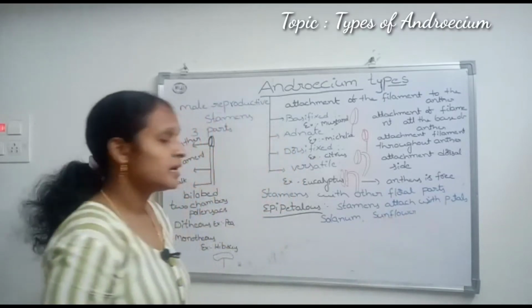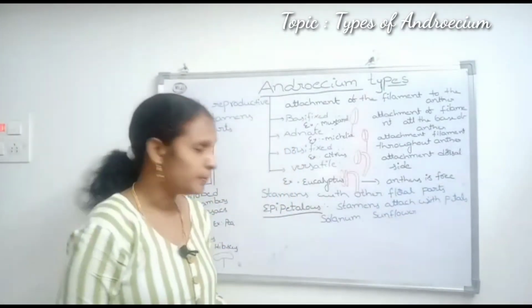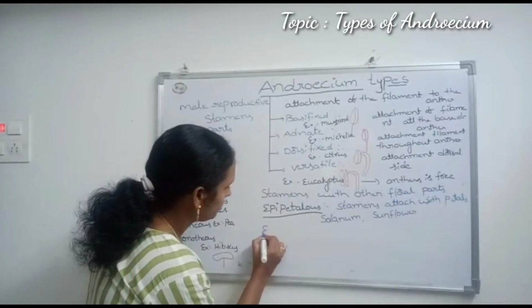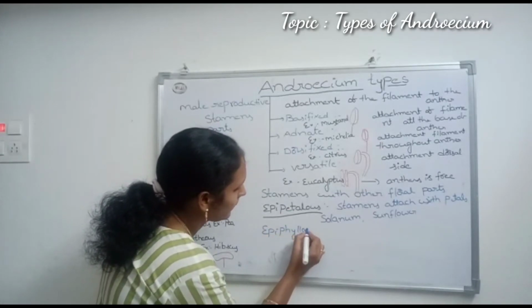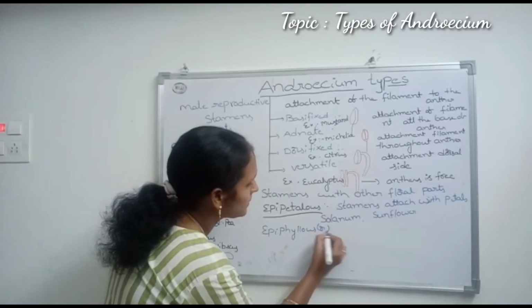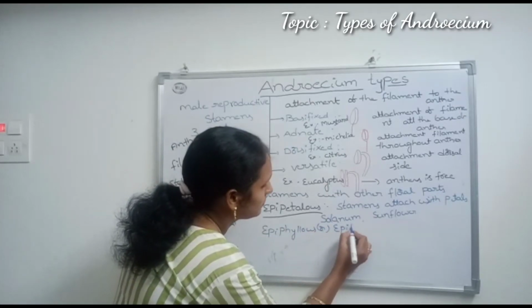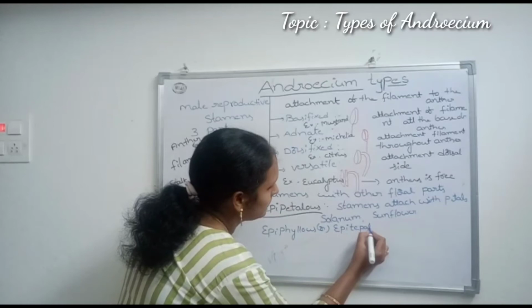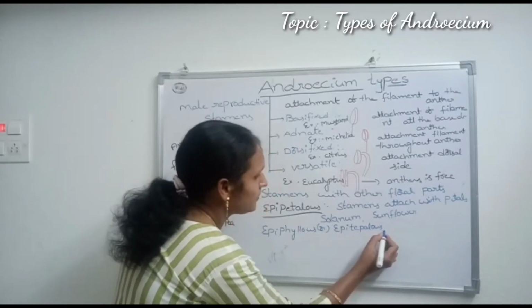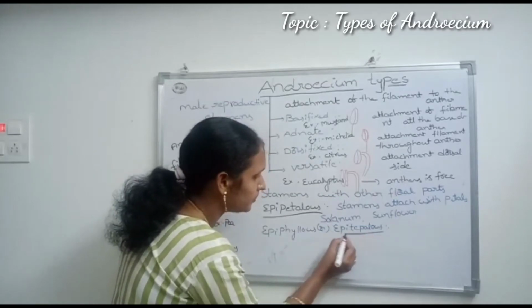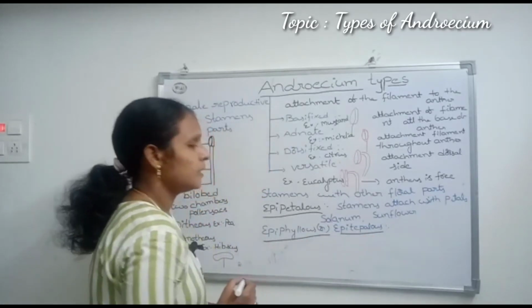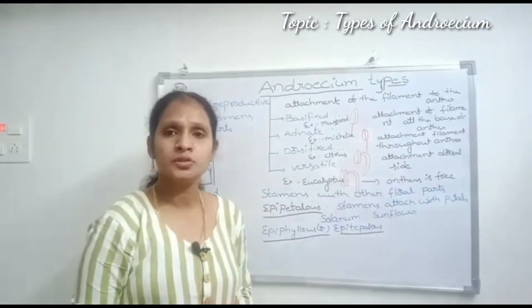And the next one is epiphyllous or epitepalous. Tepals are the units of the perianth. In lily plants, calyx and corolla are fused to form the perianth.